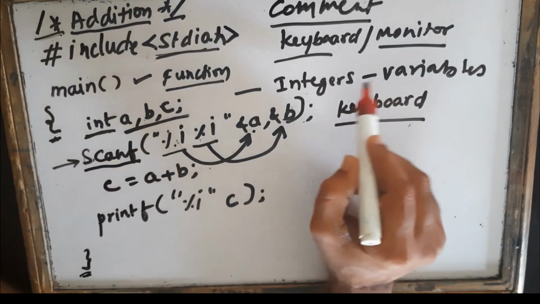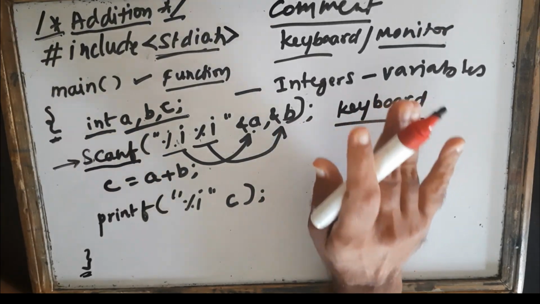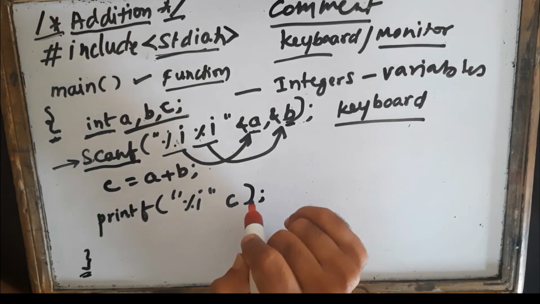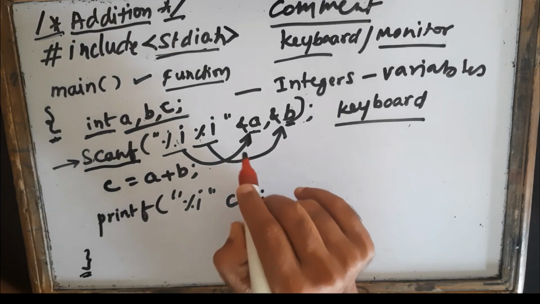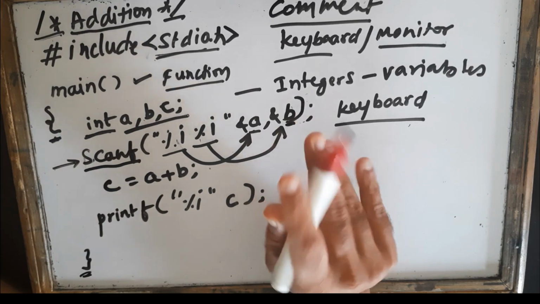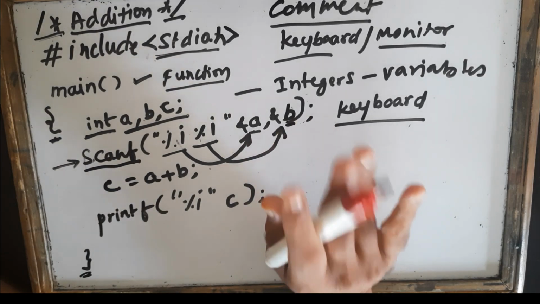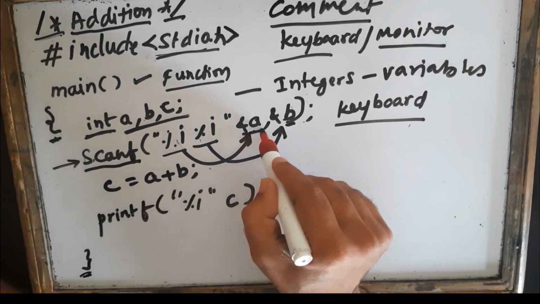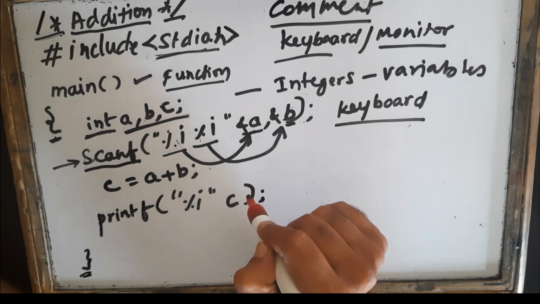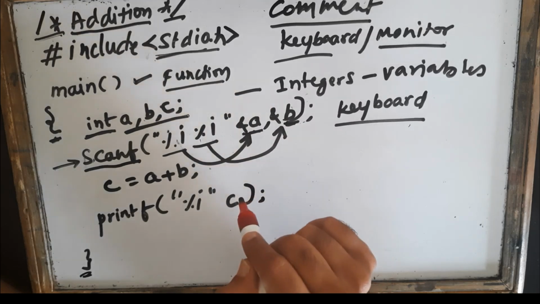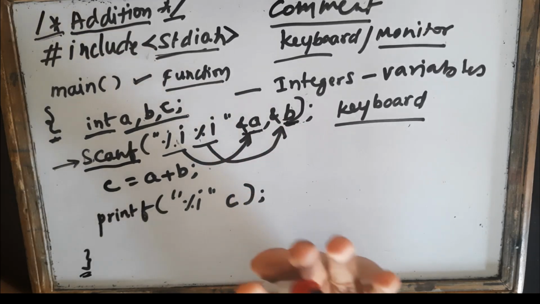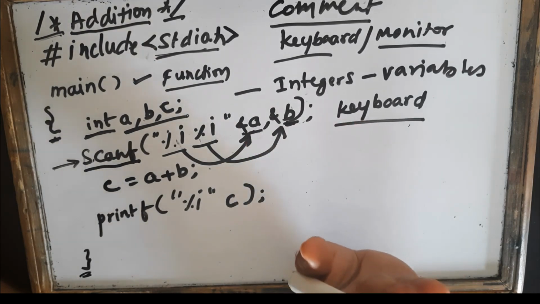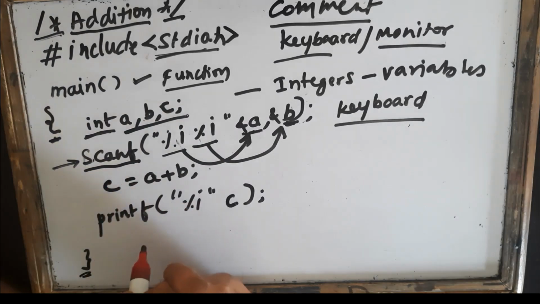Variables means they can hold integers. So that means a and b will be allocated memory of the computer. a will be allocated integer variable memory, and b is also integer variable memory. So for now, just understand that a and b can hold two integers that are read from the keyboard.